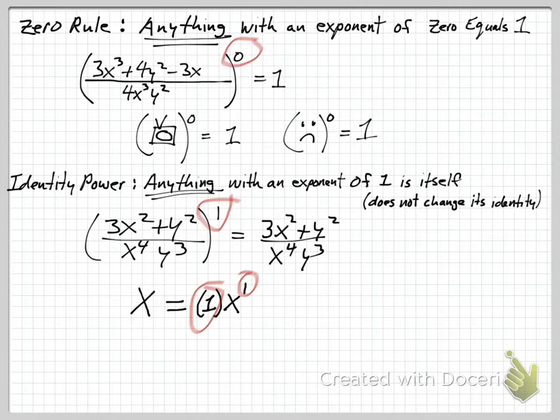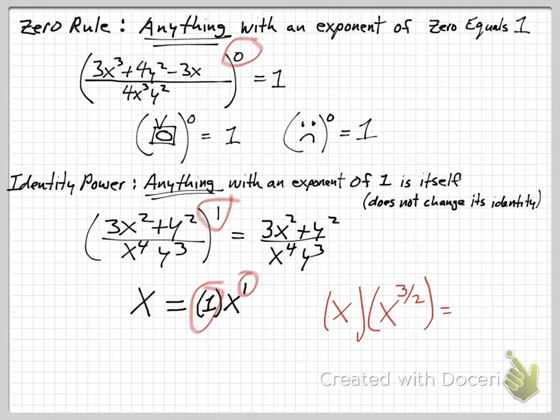Here's where it causes a problem. Let's say you have x, and you multiply x by, let's make this weird, how about x to the 3/2 power? Well, what are you going to do? You know that you have to add exponents.